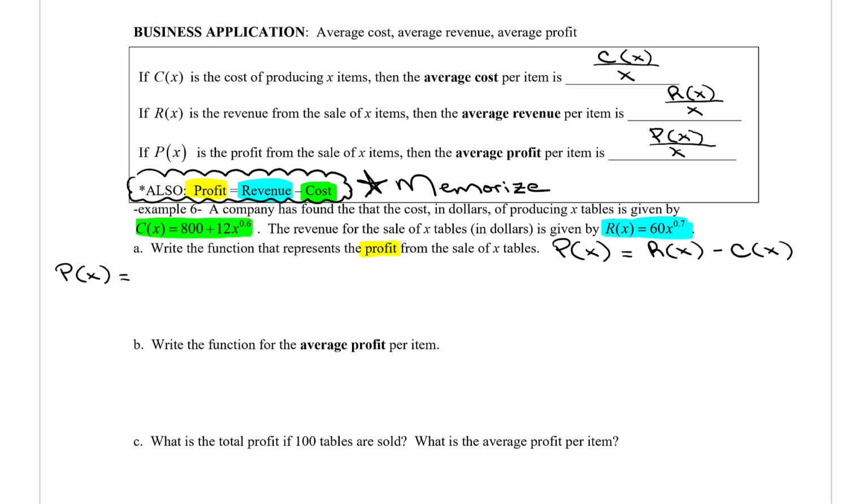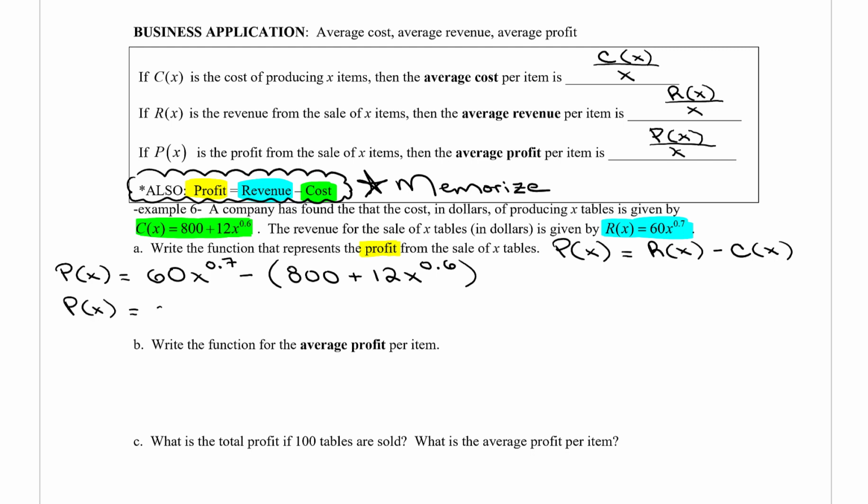Now I'm going to write P of x equals, instead of R of x, I'm going to write 60x raised to the 0.7 power minus, inside parentheses, 800 plus 12x raised to the 0.6 power, close the parentheses. Now I'm going to distribute that minus sign. If we multiply by a negative to the 800, that's going to give us minus 800.